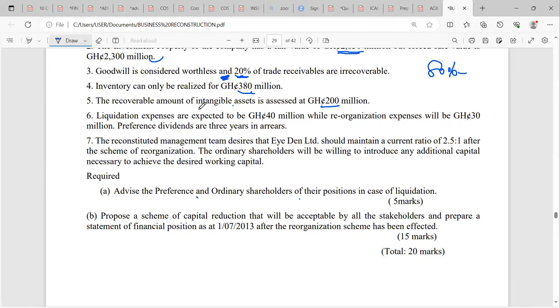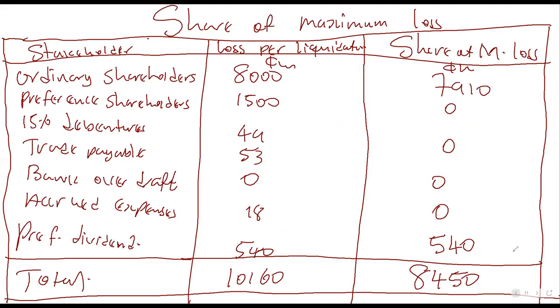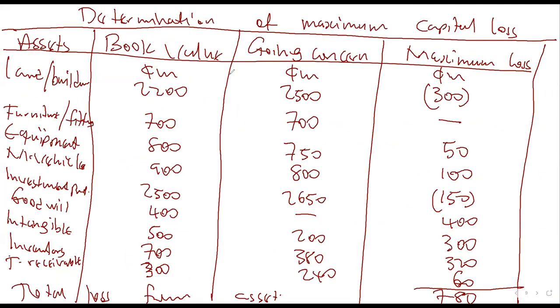So it means that to get the total current assets, you just have to multiply the total current liability by 2.5. That's all. So go ahead and list your current assets. Please, you can get all these figures from going concern figures. From henceforth, all the figures you want, they are there. Go to the going concern figures and pick for inventory.